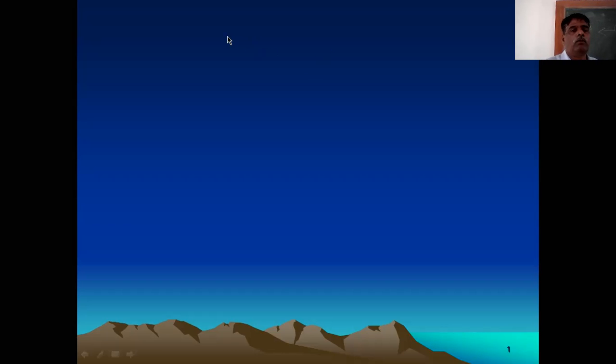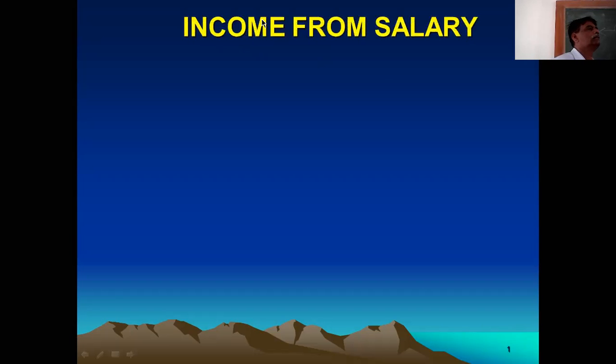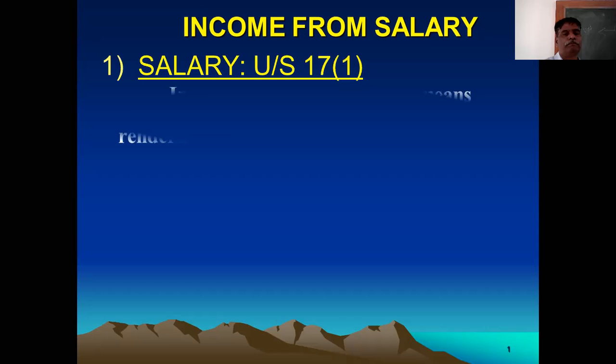So first we come to the first head of income, income from salary. What is salary? You know it. There is no need of explaining salary. It is remuneration given by the employer to the employee for the services rendered by the employee.